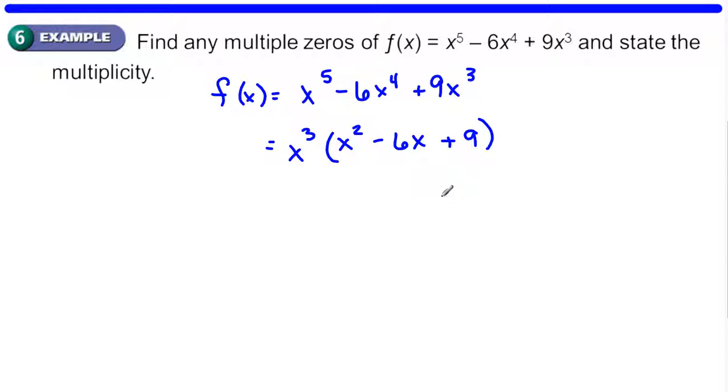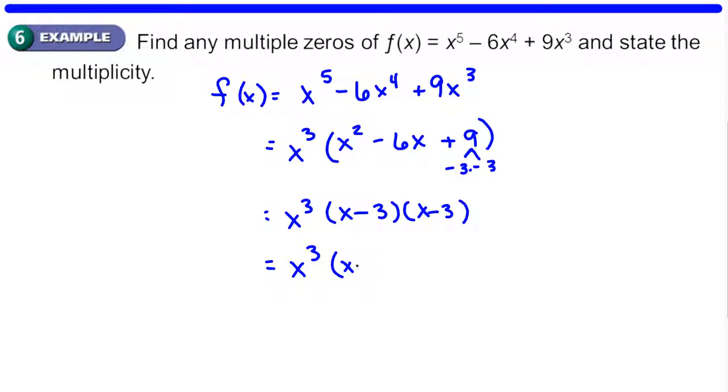Now, what are the factors of 9 that give you negative 6? In this case, that's going to be negative 3 and negative 3. So we have x cubed times x minus 3 times x minus 3, or x cubed times x minus 3 quantity squared. All right, so this right here tells us that we're going to have 3 zeros wherever this x is 0.